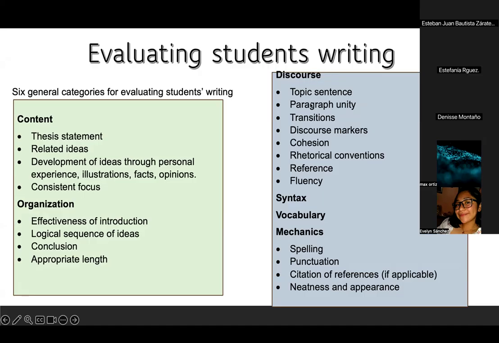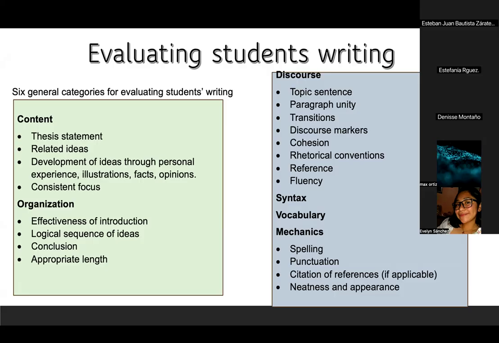The topic sentence is properly stated. Also, the paragraphs have a clear cohesion, then the use of discourse markers, transition words, the rhetorical conventions, also how fluent is the discourse, if it is not repetitive or if it is not redundant.